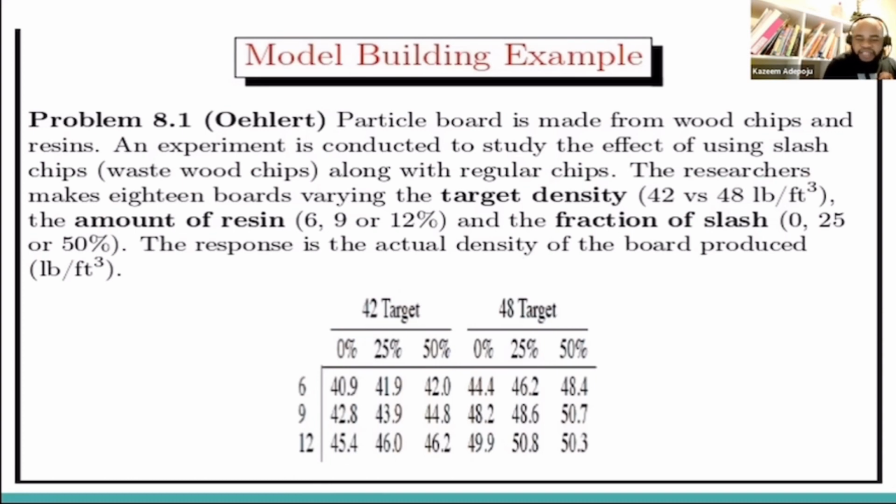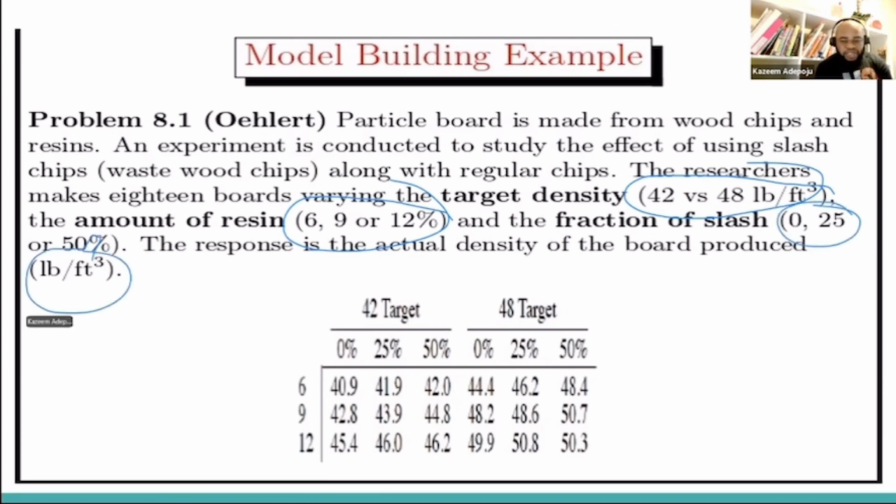The researchers made a target board, varying the target density. You have the target density that has 2 levels, the amount of racing that has 3 levels, and also the fraction of the flash, which also has 3 levels.